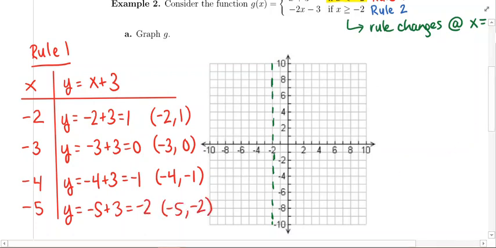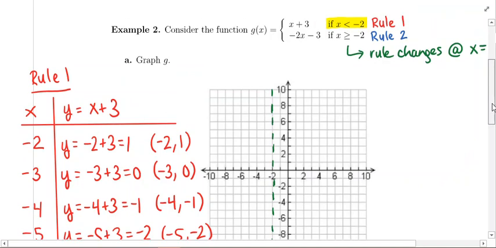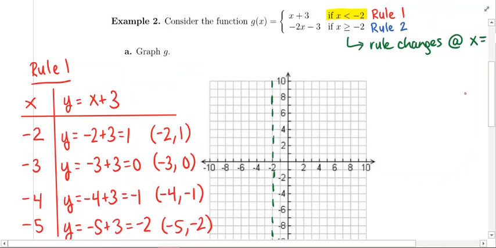Before you can plot these points, you need to check where the rule changes. The rule changes at negative 2, and you have to check if this is an open circle or a closed circle. Was it actually legal to plug x equals negative 2 into the rule x plus 3? The condition only holds if your x values are strictly less than negative 2.